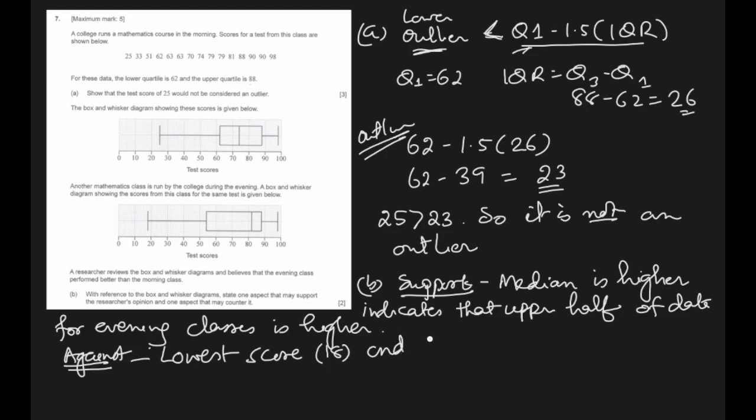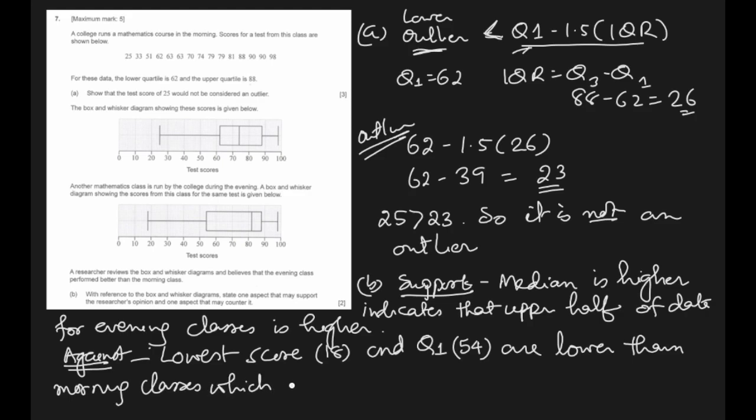And Q1, what is Q1? 54, almost 54, are lower than morning classes, which means more students did bad in the test.